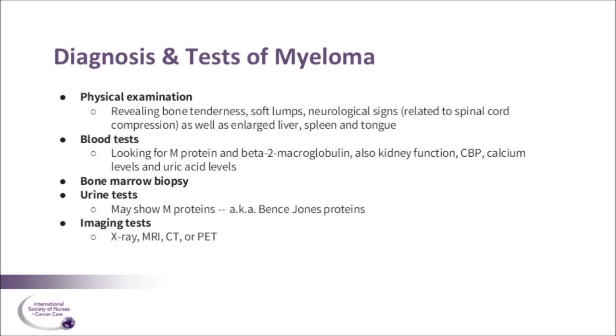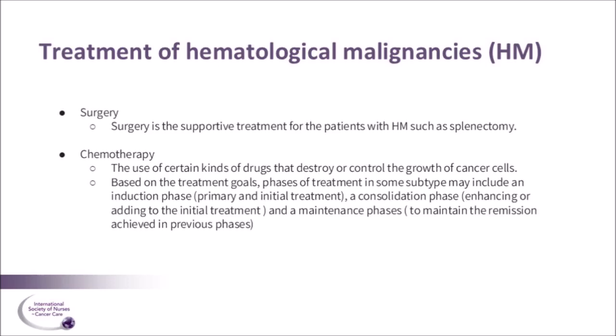Bone marrow biopsy, urine tests which may show M proteins aka Bence-Jones proteins, and imaging tests such as X-ray, MRI, CT, or PET scans. These tests help in identifying the presence and extent of myeloma.